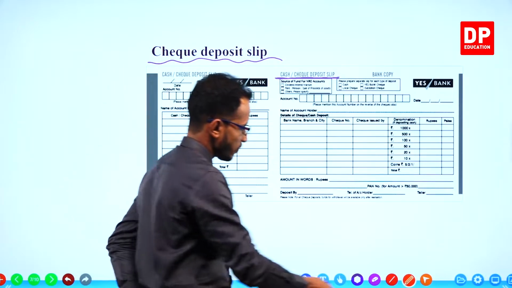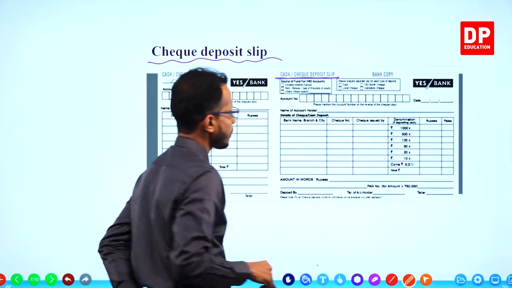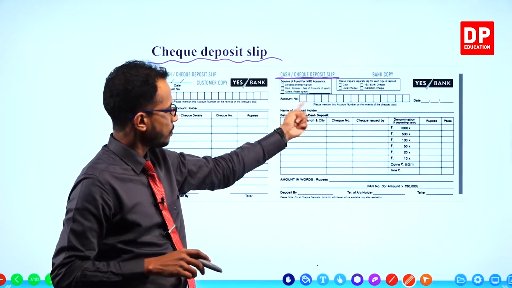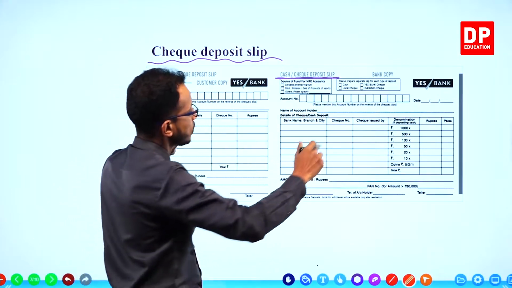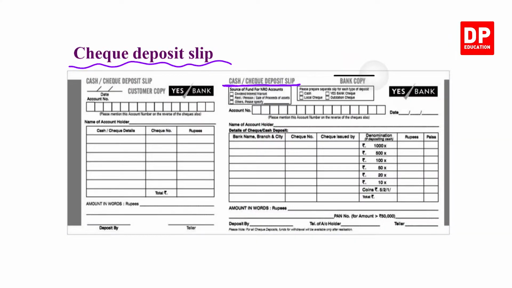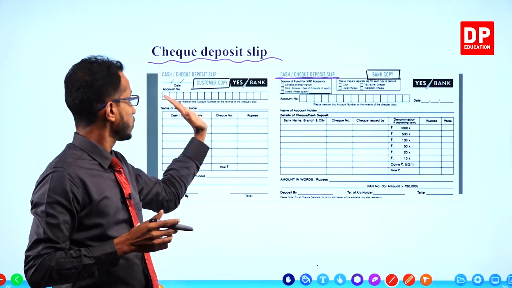Here, children, we have some blanks to fill, and in this sample there is a bank copy and a customer copy separately on either side, on the left side and on the right side.